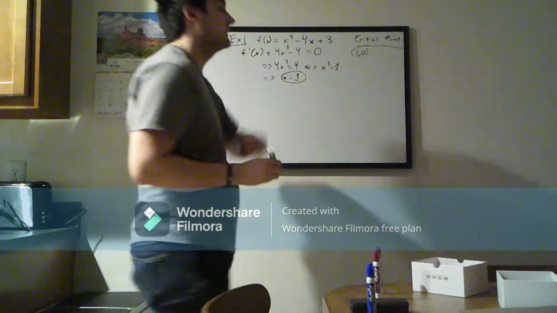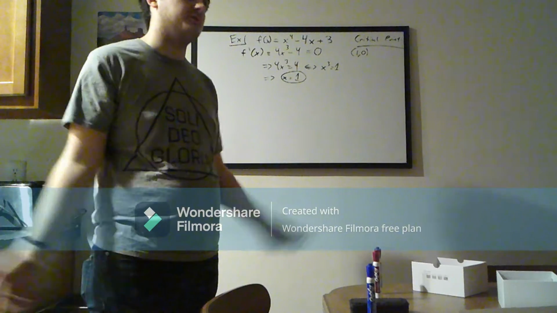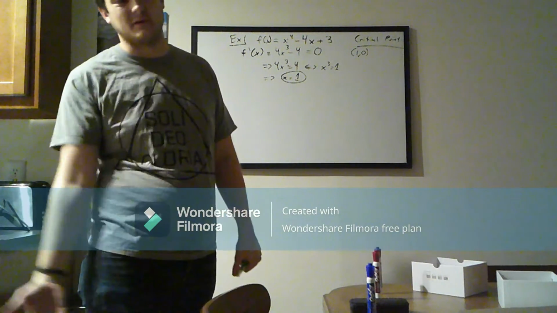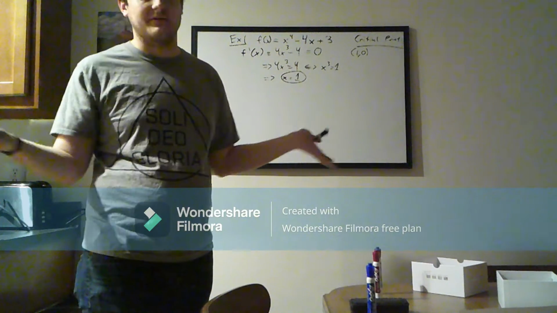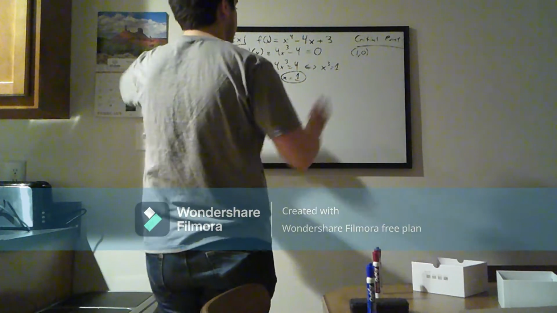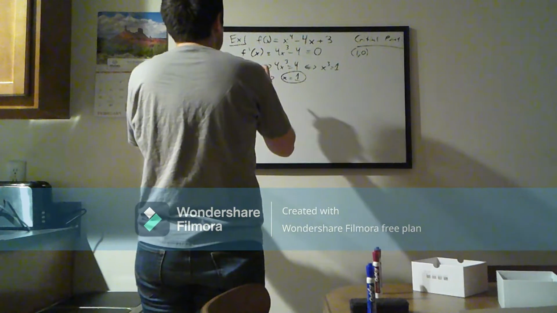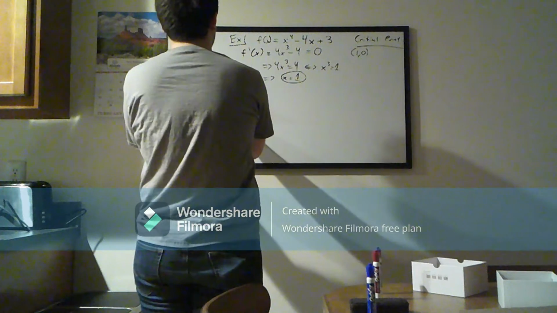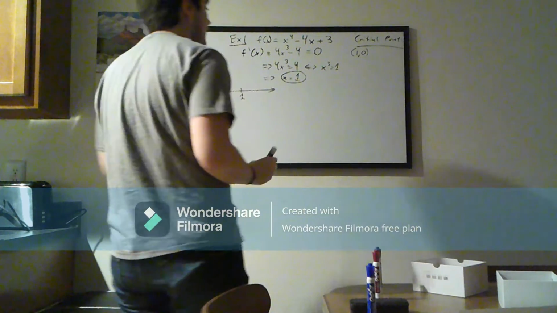So 1, 0, we have a critical point. Now the next step would be to figure out, is that a relative max or a relative min? I'm going to show both the first and the second derivative test, but you can choose which one you'd rather do. So, the first derivative test says that I need to take my critical value, 1, put it on the number line, and test each side.